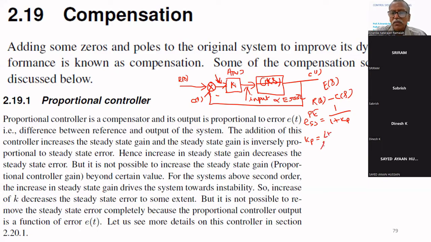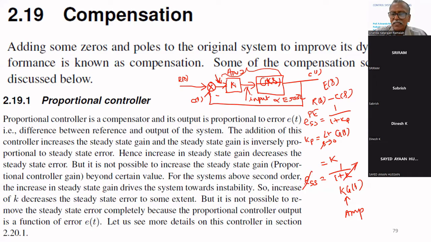Kp equals limit S tends to 0 of G of S. What is the system? The system is K multiplied by G of S, where K is the amplifier. Because these two are cascaded, we can multiply the K with that G. It's a type 0 system, so Kp equals K. Therefore, E steady state equals 1 by 1 plus K.